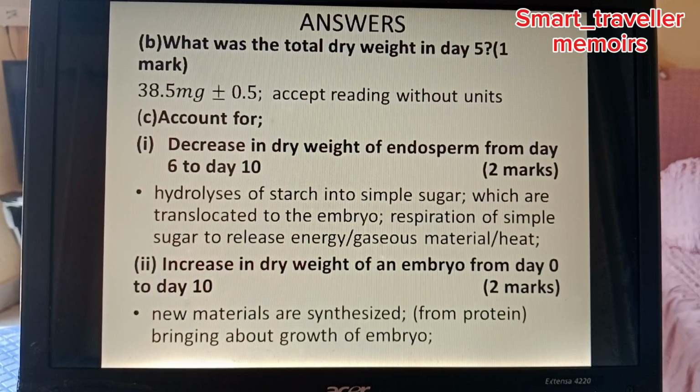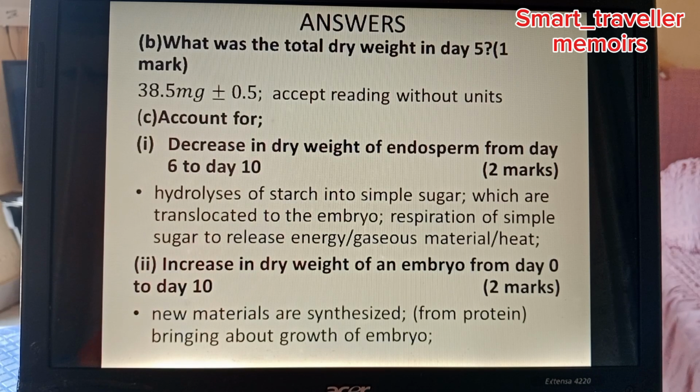What was the total dry weight on day 5? You are given 1 mark, and you read from the graph, it is 8.5 milligrams plus or minus 0.5. Account for the decrease in dry weight of endosperm from day 6 to day 10.